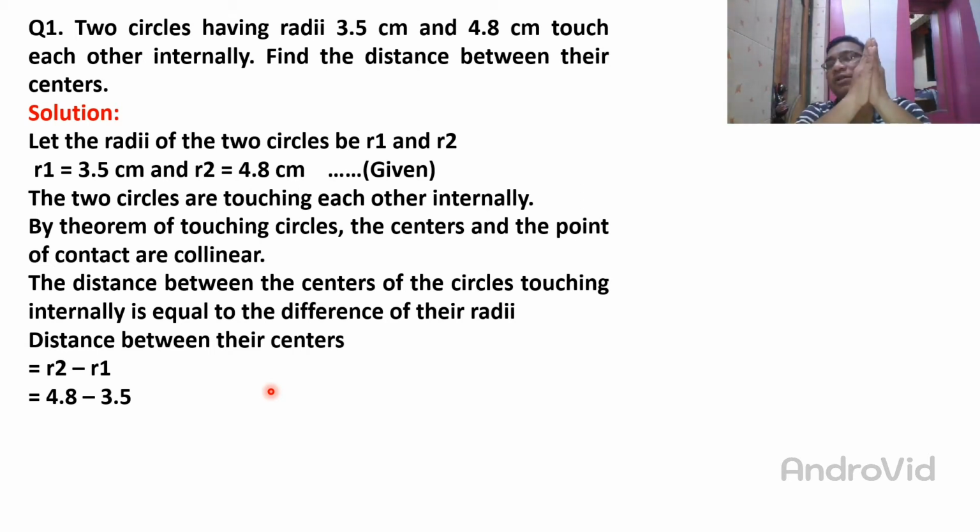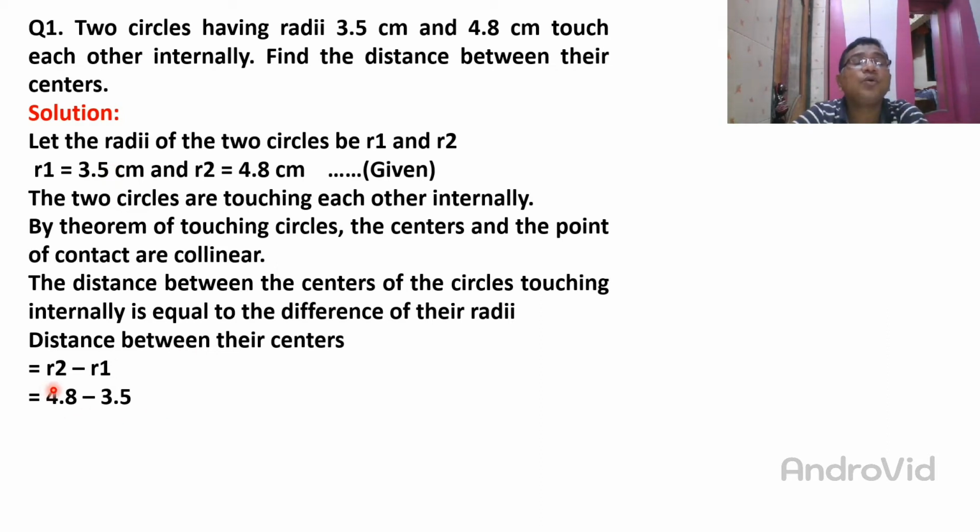They are touched internally. So when the circles are touched internally, then the distance is the subtraction of radius. When you subtract the radius, the bigger radius R2, that is 4.8 centimeter, minus the smaller radius R1, that is 3.5 centimeter.